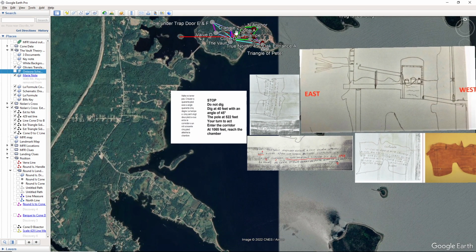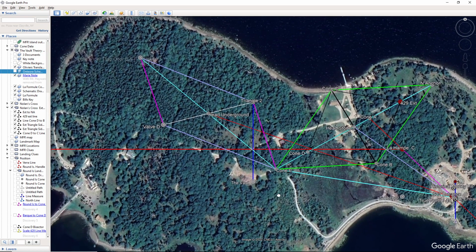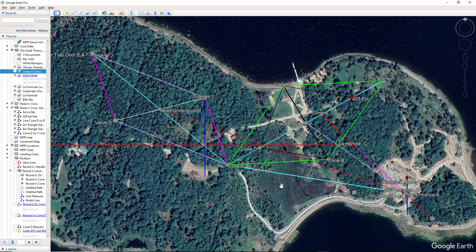The 80 East is a heading that's very critical in determining the angle from the north anchor. That gives you the distance from Cone E to Triangle 2, which is right here. But I didn't want to get all into that.